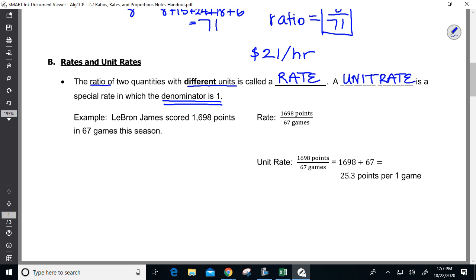So let's look at the example that's below. LeBron James scored 1,698 points in 67 games this season. So if you're looking at the rate, that is 1,698 over 67, points over games.